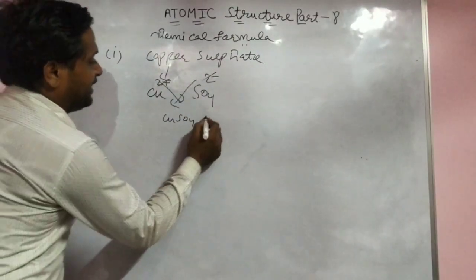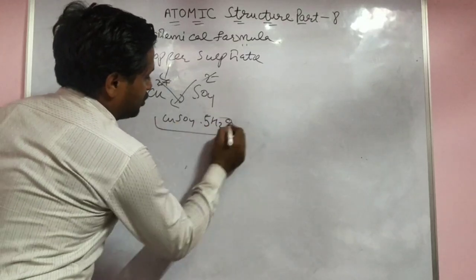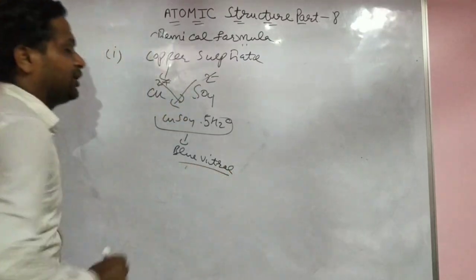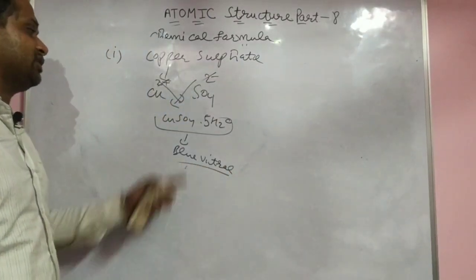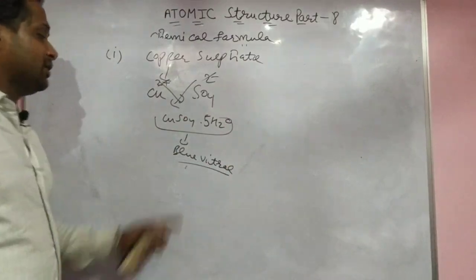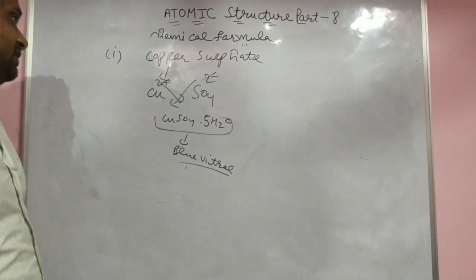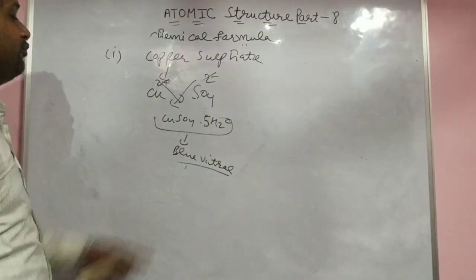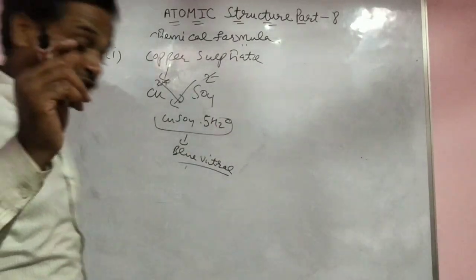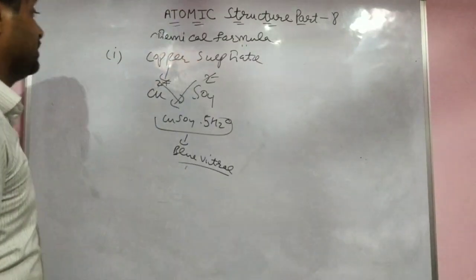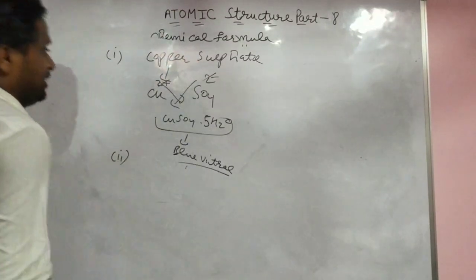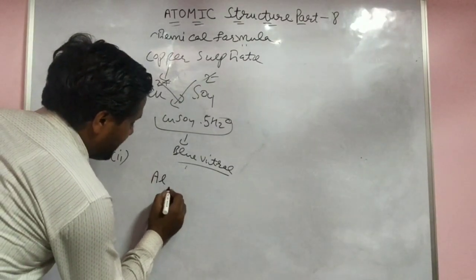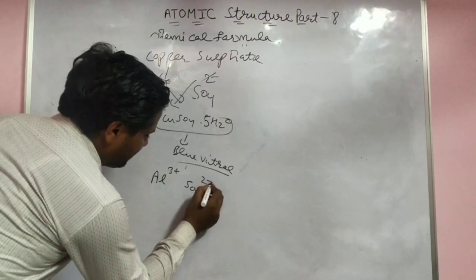But when you add 5H2O, the common name is blue vitriol. Keep in mind, blue vitriol, its color is blue. When you heat it and remove the water, it becomes colorless again. When you add 5 waters of crystallization, it becomes colorful. Blue color is there, Neela Tota. That is used to kill rats and pests. Any other sulfate? Aluminium sulfate: Al 3 positive, sulfate 2 negative.